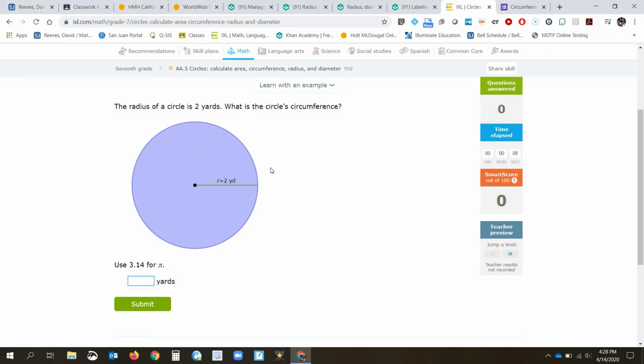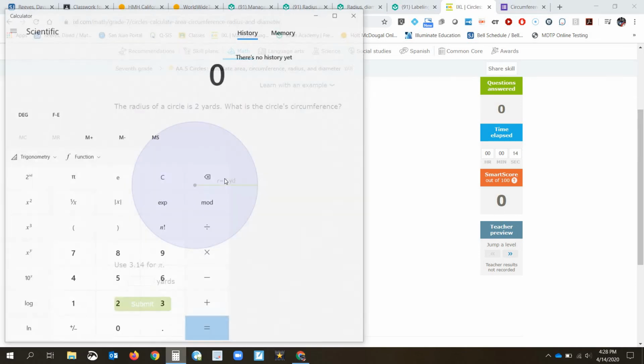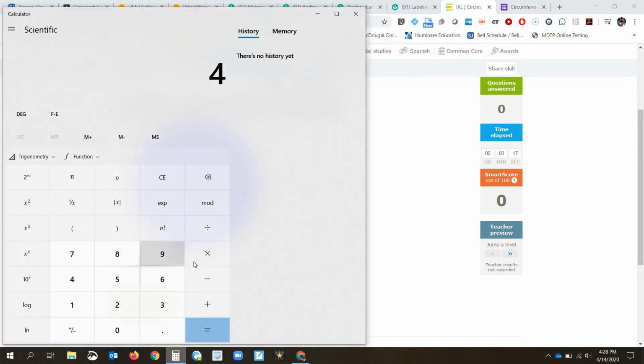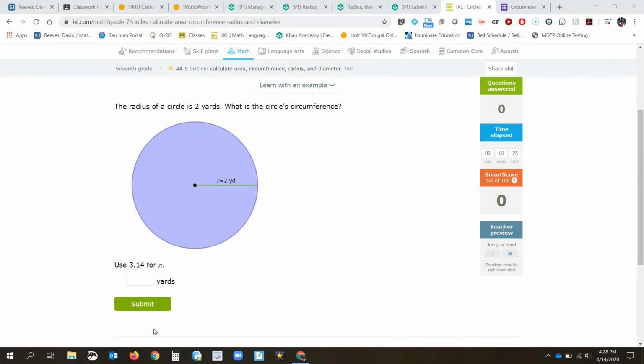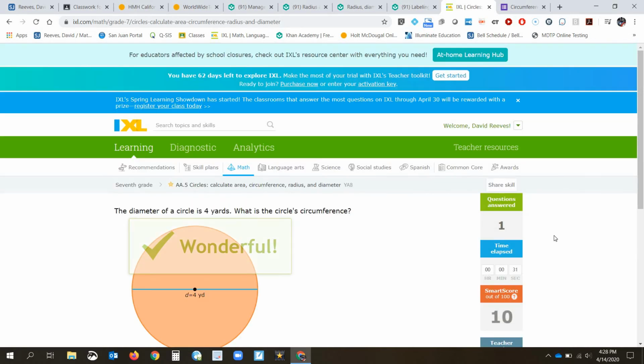Well, the circumference is the radius times 2 times pi, so the answer would be 4 pi. I'm going to pull up my calculator and do 4 times 3.14, since it said to use 3.14 for pi, and I get 12.56. It didn't give me any instructions about rounding, so I'm going to put in 12.56 and submit it.